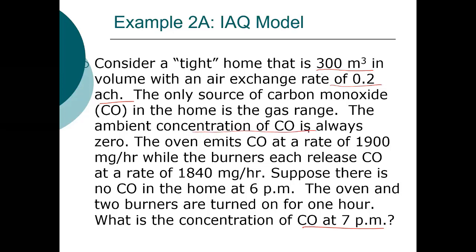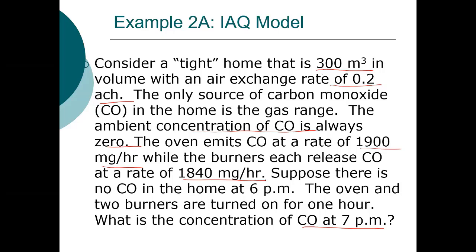The ambient concentration of carbon monoxide is 0. The oven emits carbon monoxide at a rate of 1900 milligrams per hour, and the burners each release carbon monoxide at a rate of 1840 milligrams per hour.